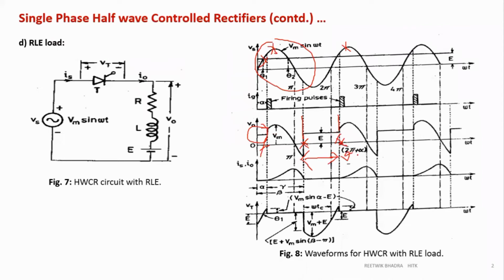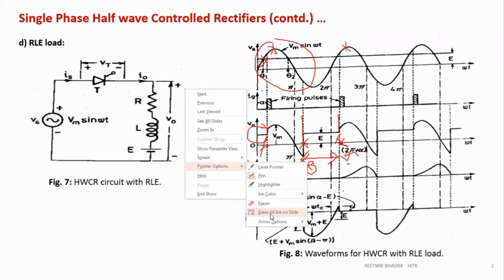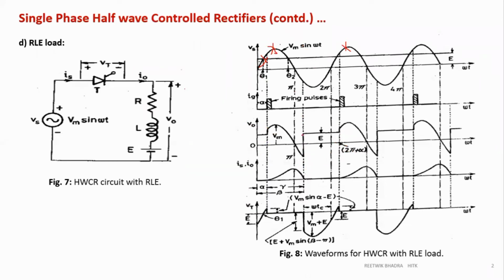This point is 2 pi plus alpha, and this point is beta. I need to calculate the length between these two points. So the gap is 2 pi plus alpha minus beta.